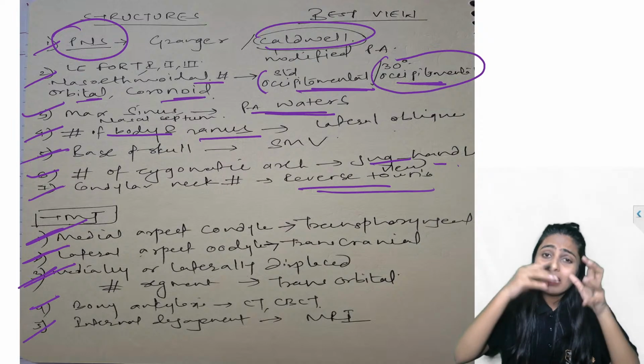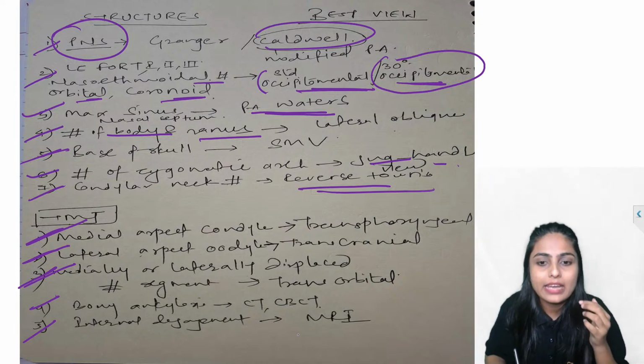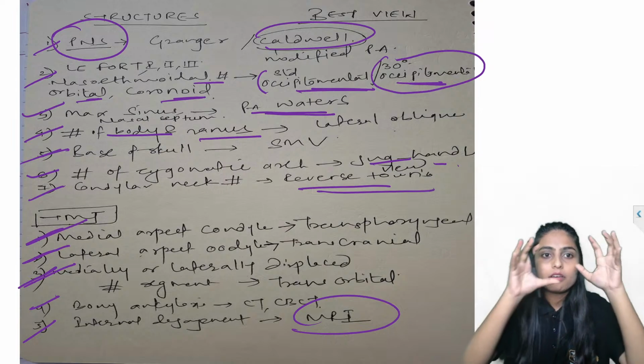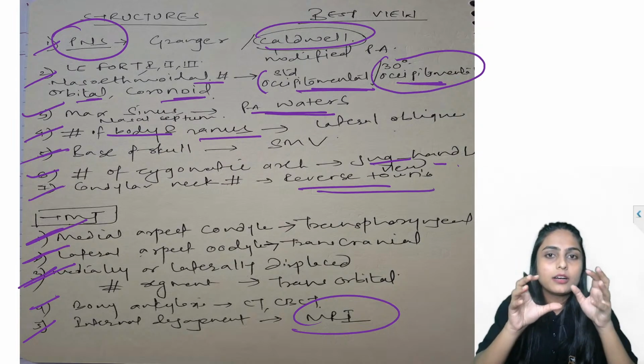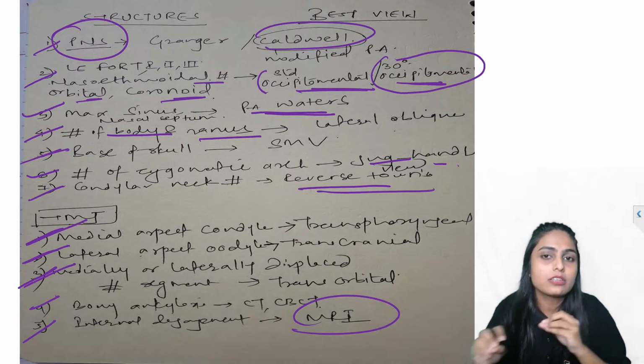To check anything related to the disc, the disc is soft tissue, so you take MRI. So these are the different radiographs and the best view to check these structures.